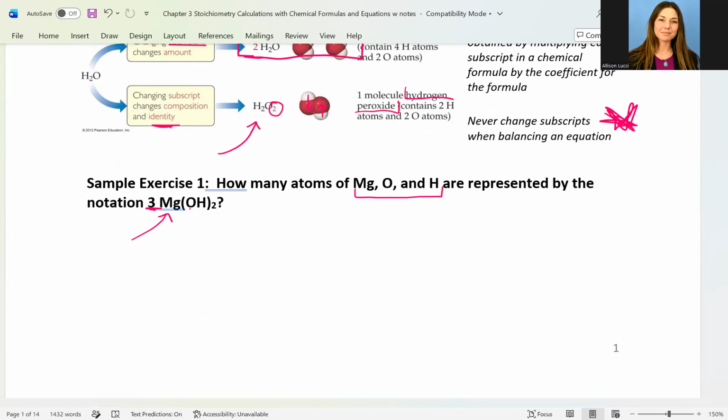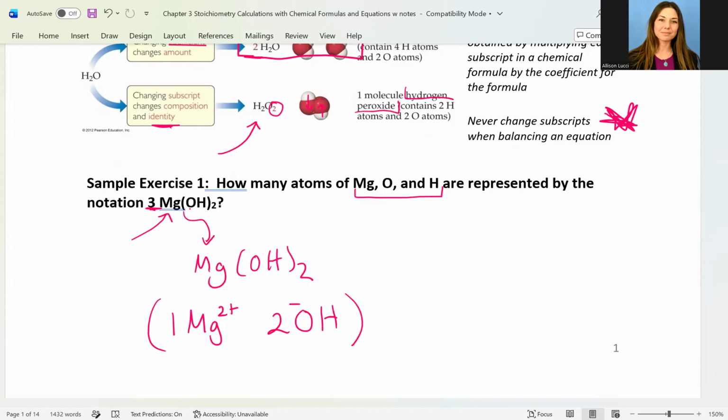So within this molecule, Mg(OH)2, I have 1 magnesium 2 plus, and I have 2 hydroxides, which are OH negative. So I have 1 of these, 2 of these, and then I have 3 as my coefficient.